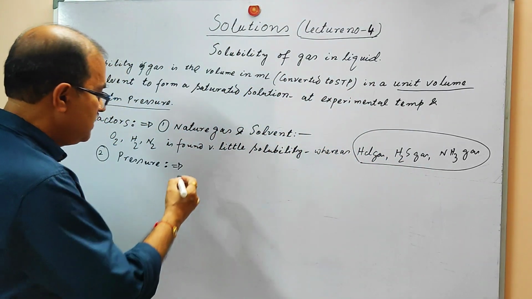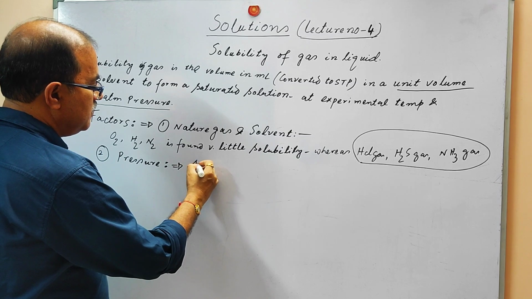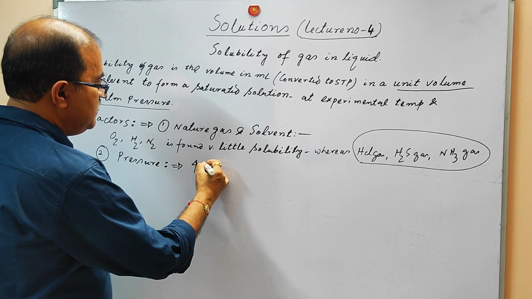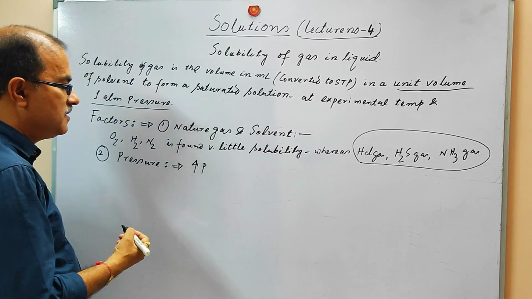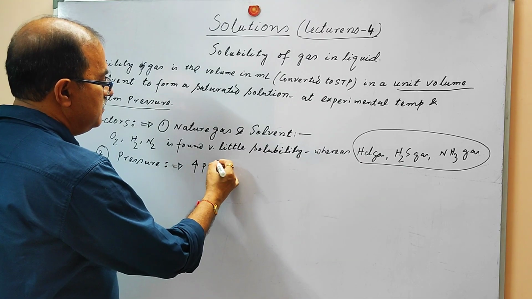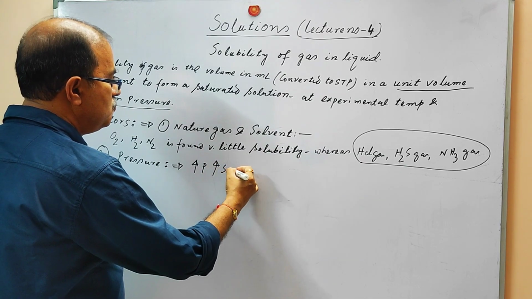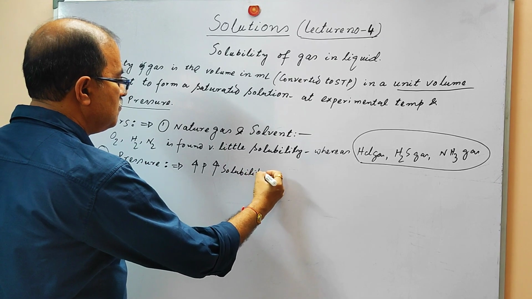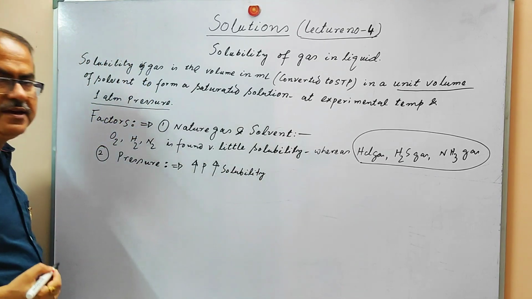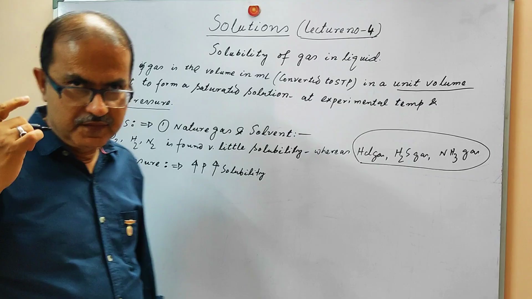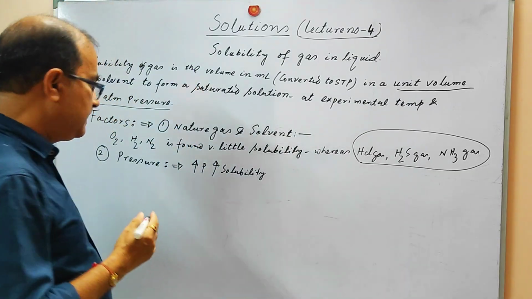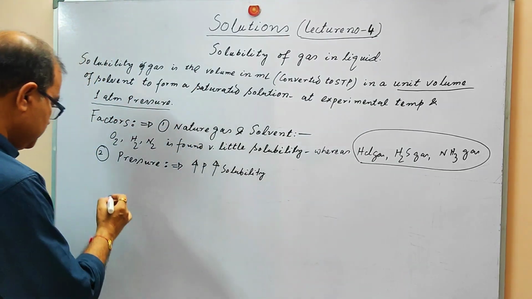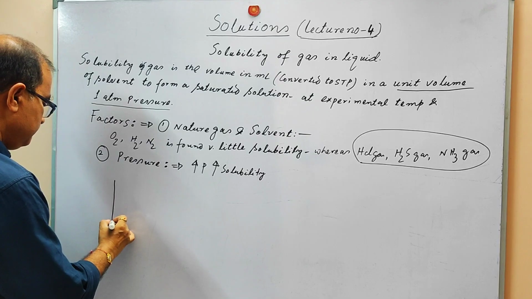So we can write: if the pressure of the gas has been increased, the solubility also goes on increasing. This can be easily understood by taking a system like this. This is a system.